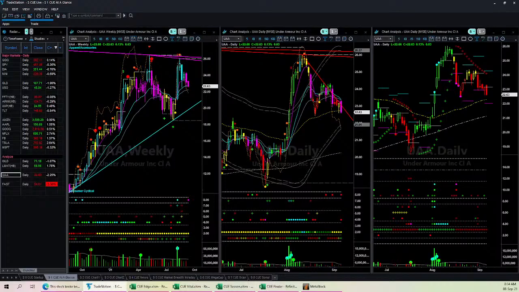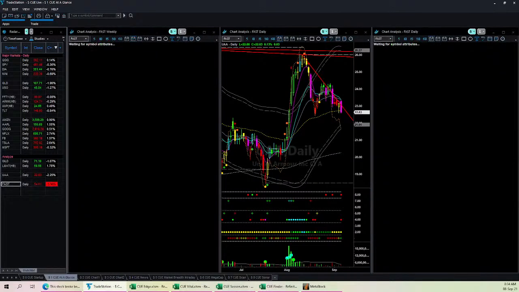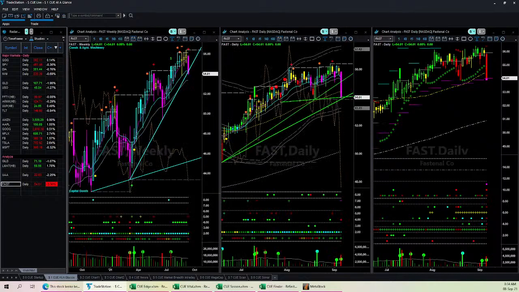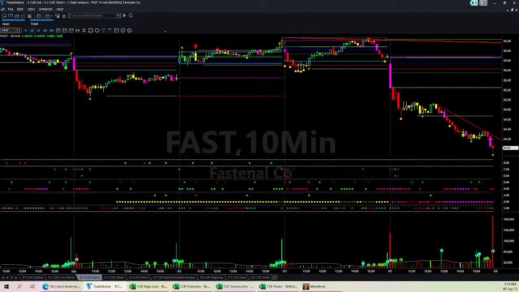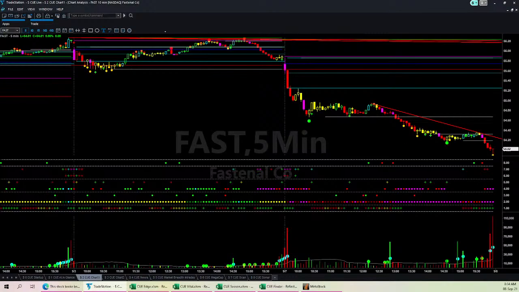Let's look at the intraday chart for Fastenal FAST. If we were watching in the morning session, we would use the 5-minute interval Q intraday precision or fine-tune chart. It created the early range high and early range low.